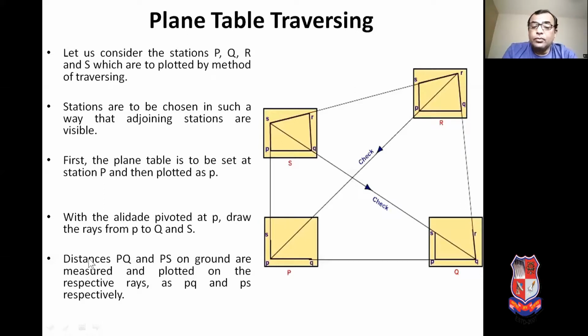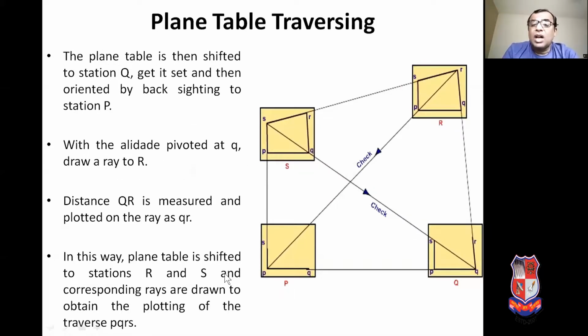Now we have to measure the distances capital PQ and capital PS on the ground using the measuring tape and plot them on the respective rays as small pq and small ps. Now, after this process at station P, you will get the locations of stations Q and S on the drawing sheet as small q and small s.